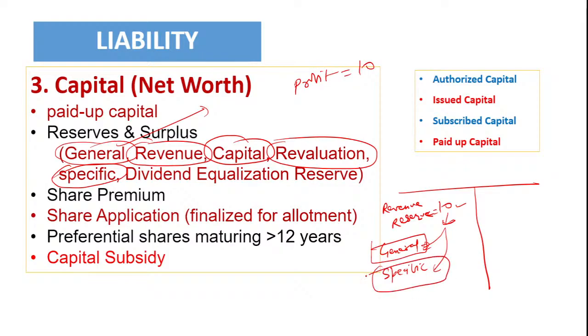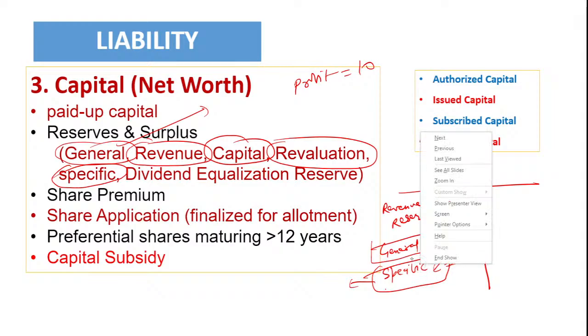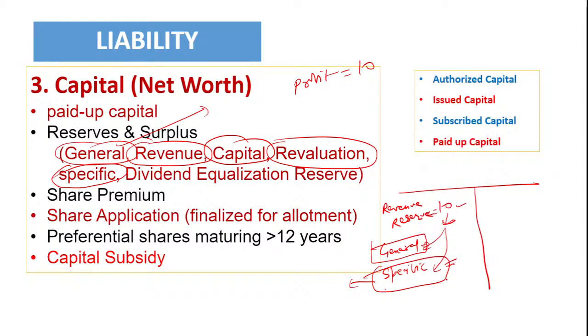If the amount is lying in a specific reserve, it means the company has some future plan, and that future plan will be financed from this specific reserve. So whenever you find a specific reserve in the balance sheet as a part of net worth, it means the company has some future plan and this reserve is being created for that purpose only.